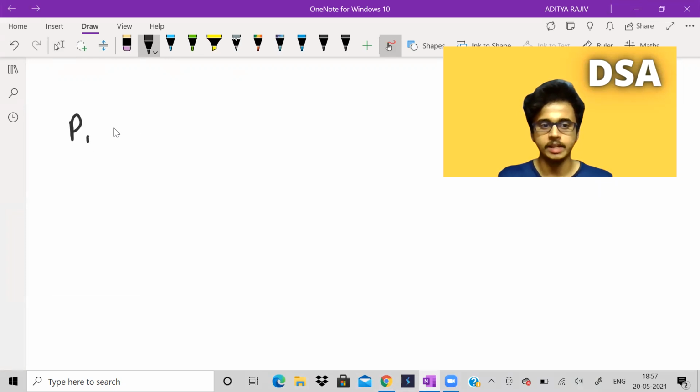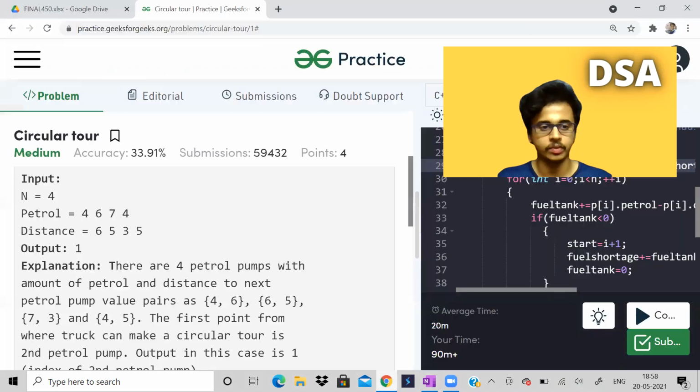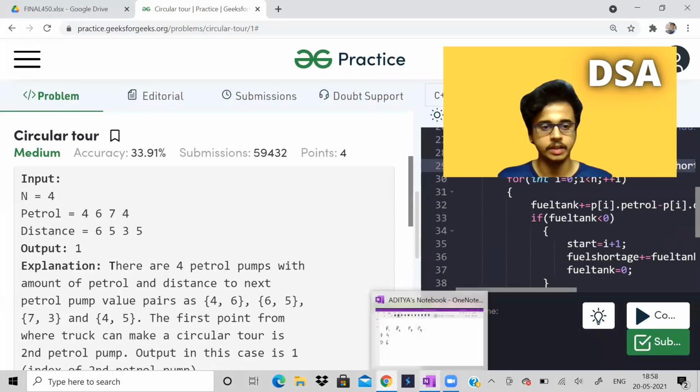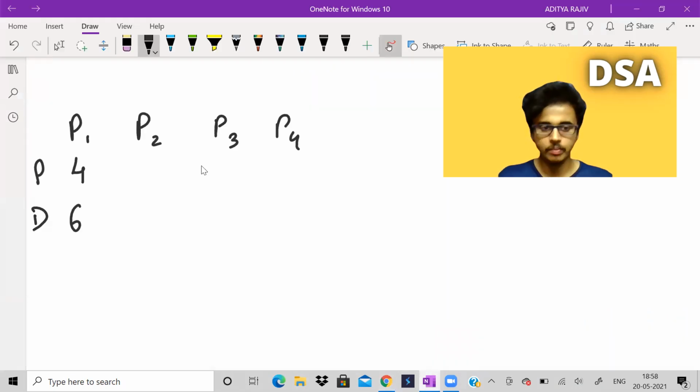Basically there are 4 petrol pumps now: P1, P2, P3, P4, and petrol needed and distance needed. So petrol over here is 4 and 6. Let me just check. Yes, 4, 6, 6, 5, 7, 3, 4, 5.